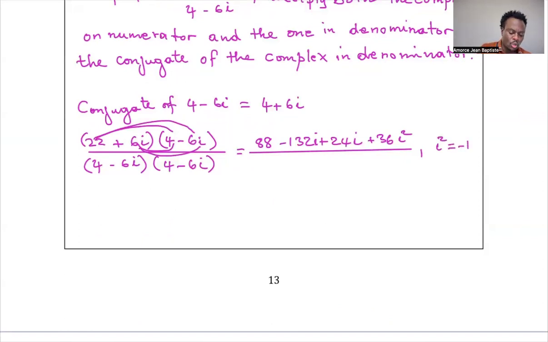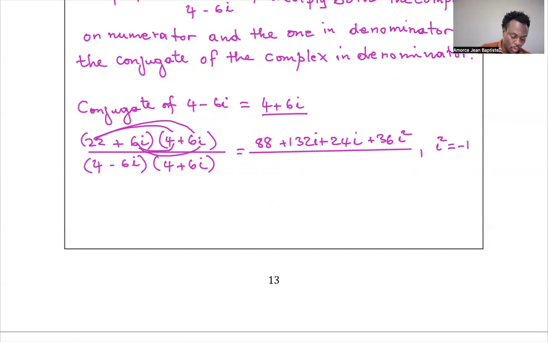And also we need to remind you of a property that you can use here. That's plus here, because we multiply by the conjugate, 4 plus 6i, which makes this positive. Everything is plus.